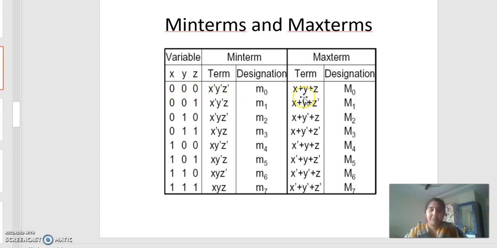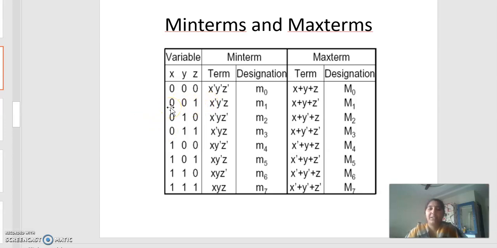So for the 0 0 0 combination, the maxterm would be x plus y plus z. And it can be denoted by using capital letter M0. And this 0 again represents the decimal equivalent of this particular combination. For the combination 0 0 1, we can write the maxterm as x plus y plus z dash.